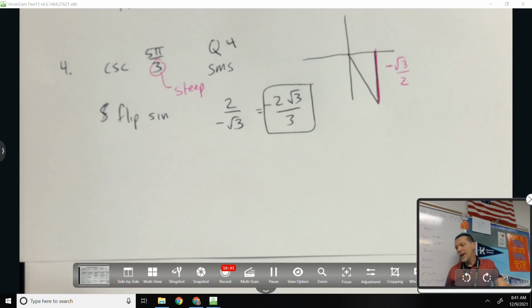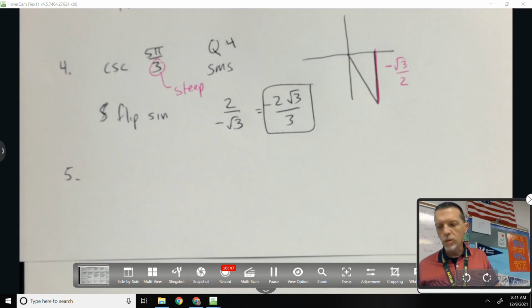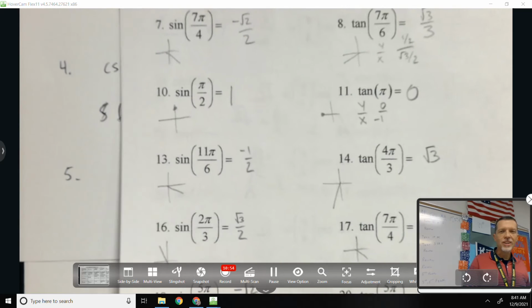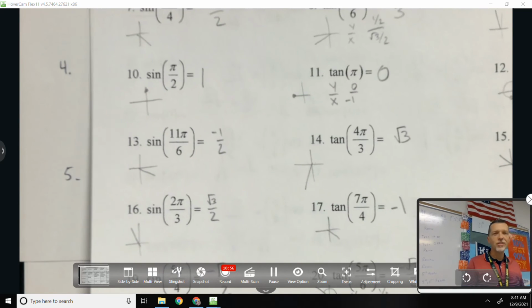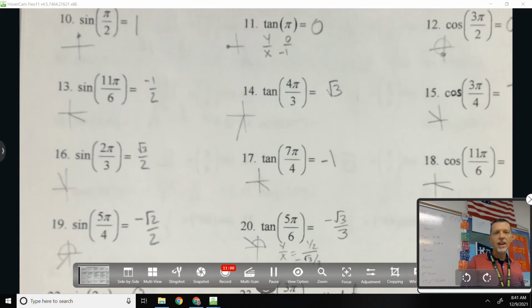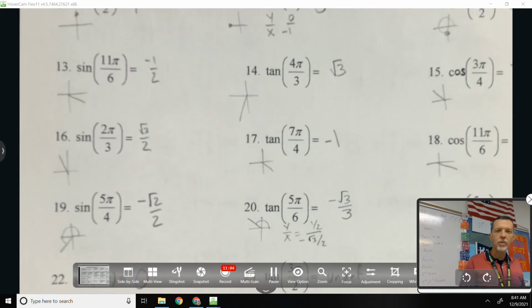If you look at my key, especially on today's worksheet, you will see that I draw a little angle for every problem. That's how I answer the questions. I don't look at the unit circle. Once I draw the angle, I can usually get it without showing much work.